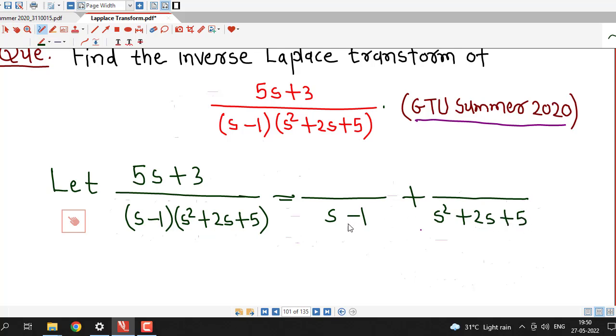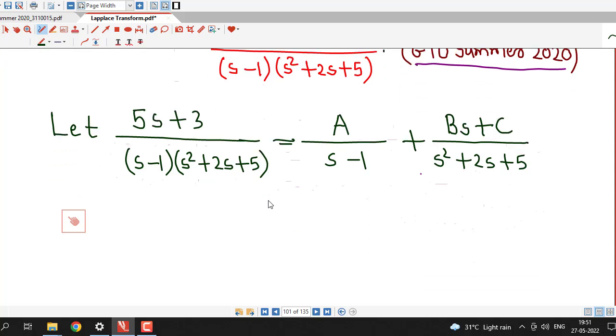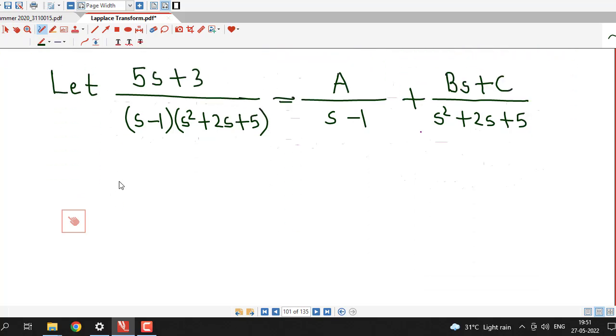Here the degree of s minus 1 is 1, therefore we write a constant A, a polynomial of degree 0. Here the degree of s square plus 2s plus 5 is 2, therefore in the numerator we write a polynomial of degree 1, suppose B into s plus capital C, where A, B and C are constants to be determined.